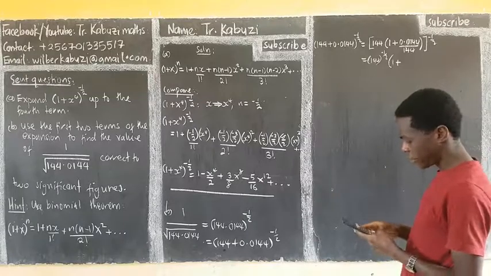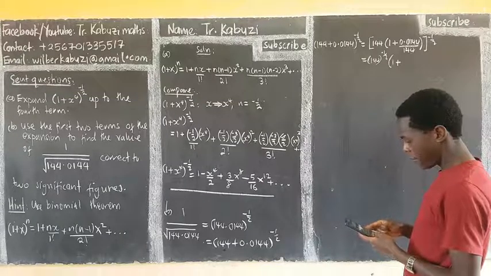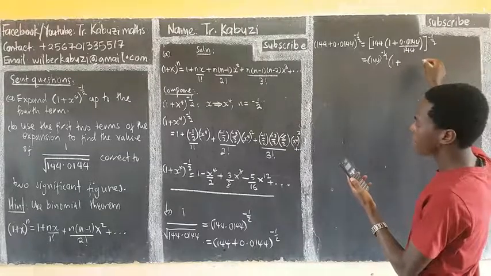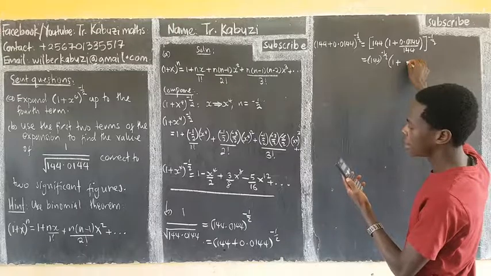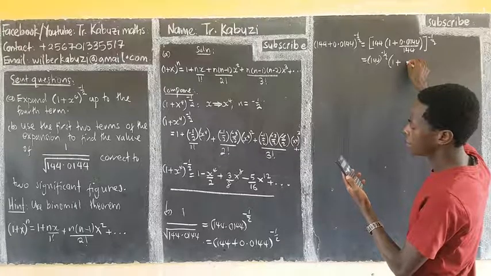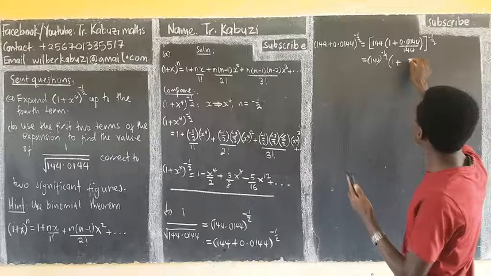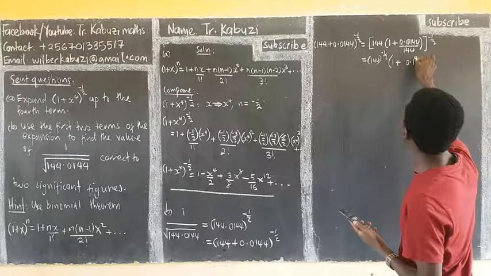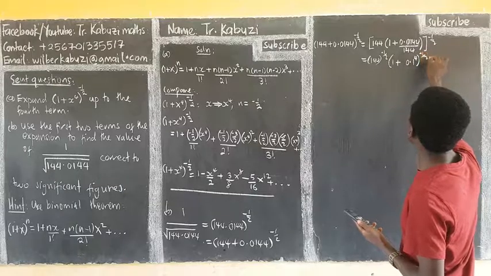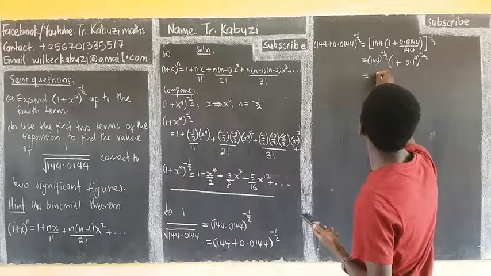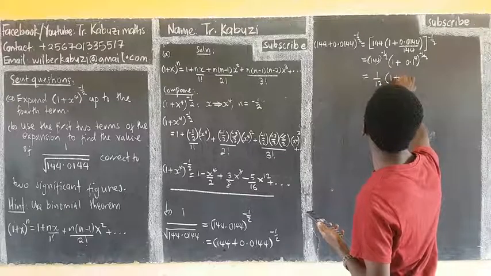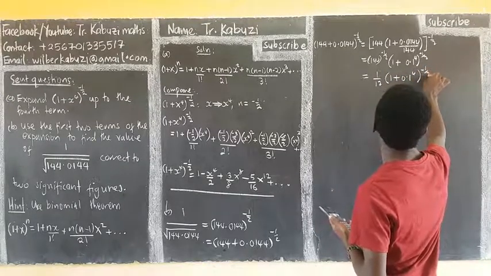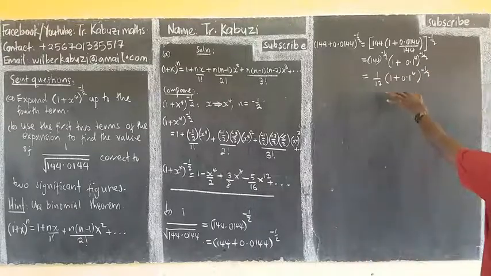When you get 0.0144 divided by 144, the answer I'm getting is 0.1 power 4, but the whole power negative a half. So now this one is going to be 1 over 12 into 1 plus 0.1 power 4, power negative a half.